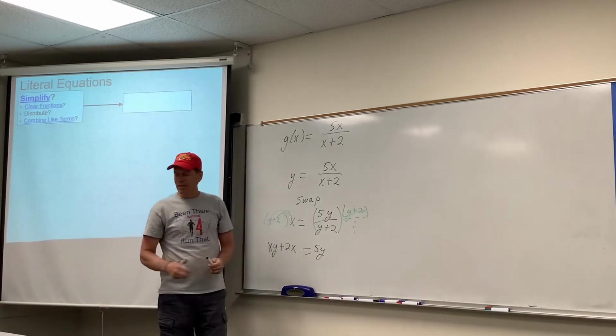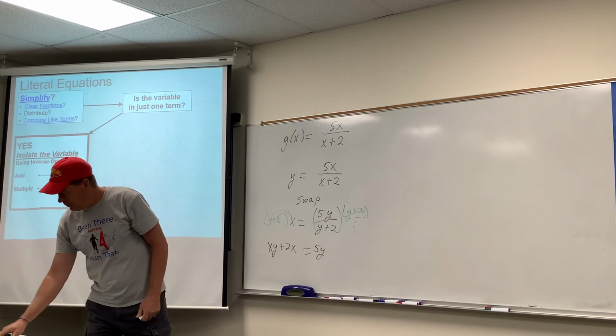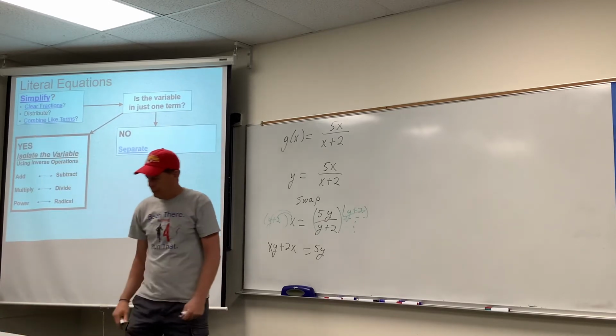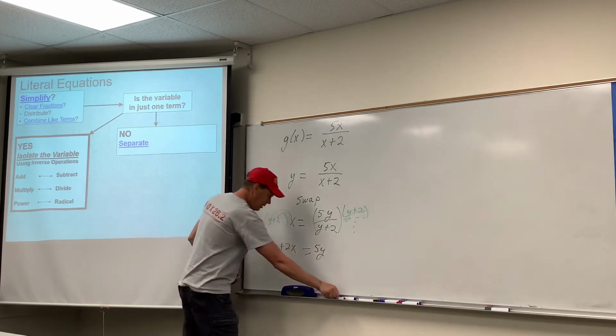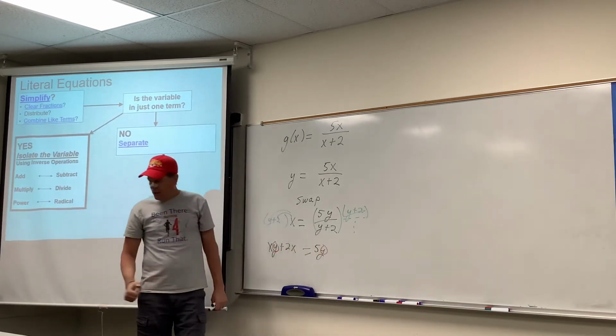Okay, now something very important to remember on this one. In this example, the variable is actually, now remember, the variable is y. We're solving for y. And I want to note here that y is in 2 different terms, isn't it?